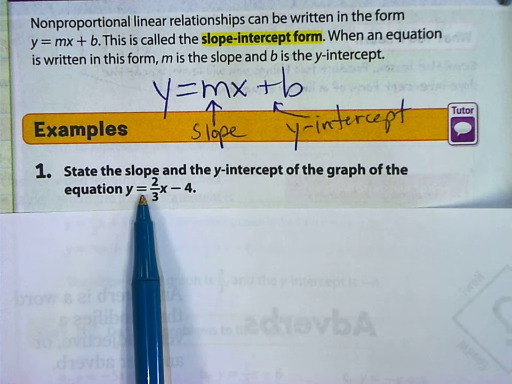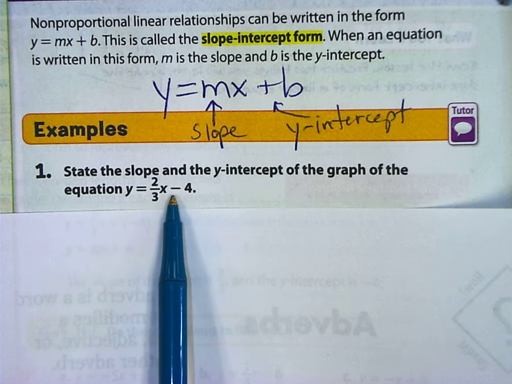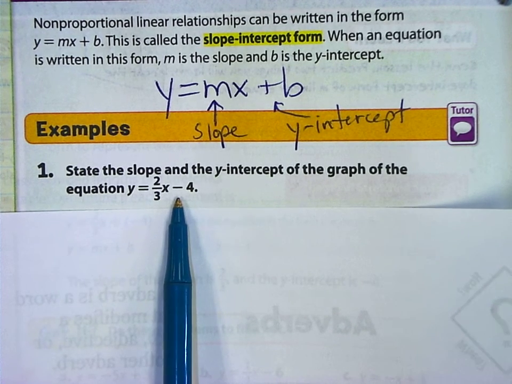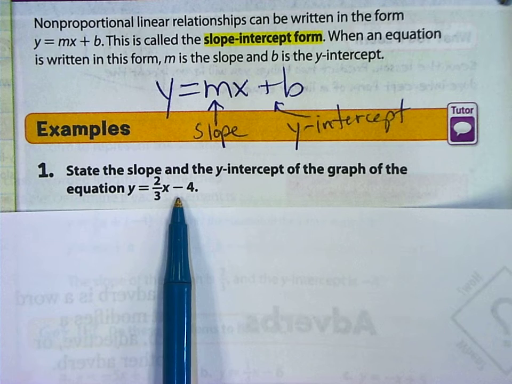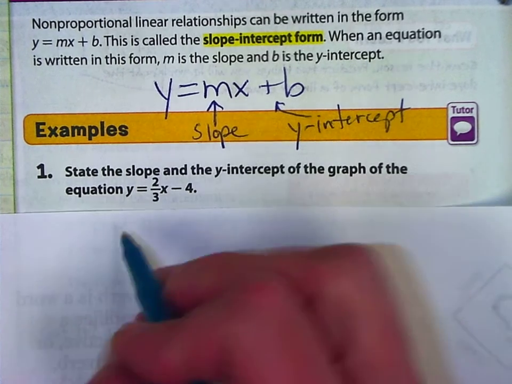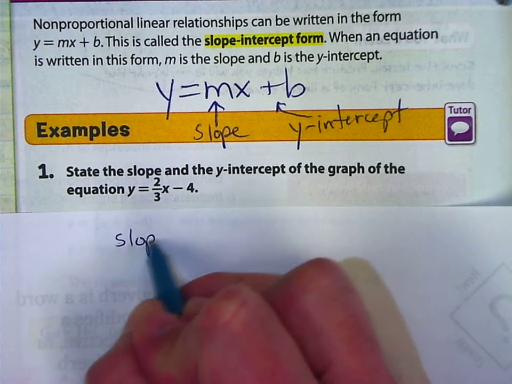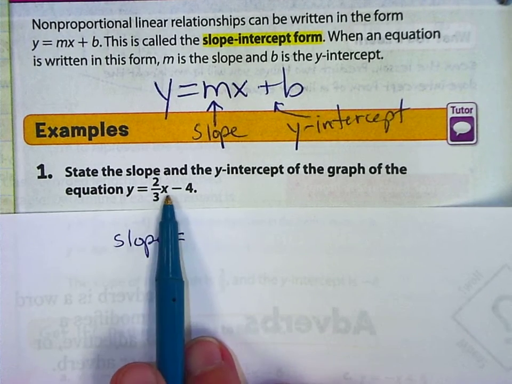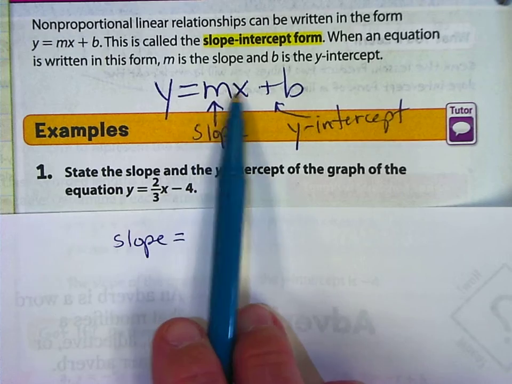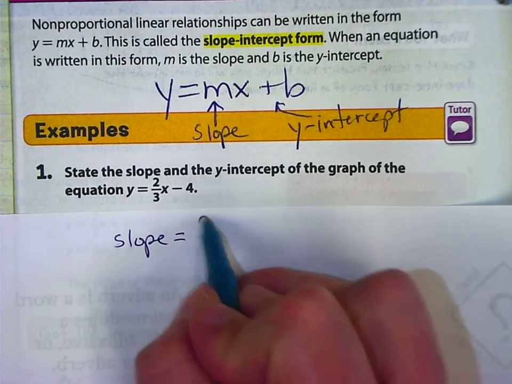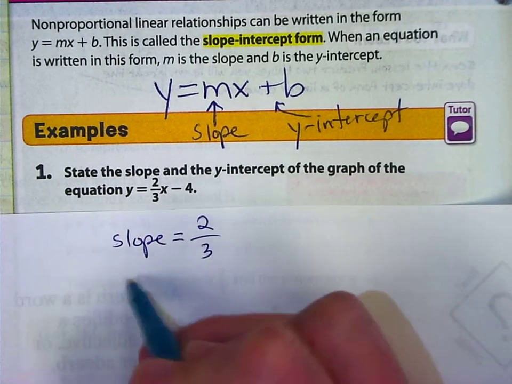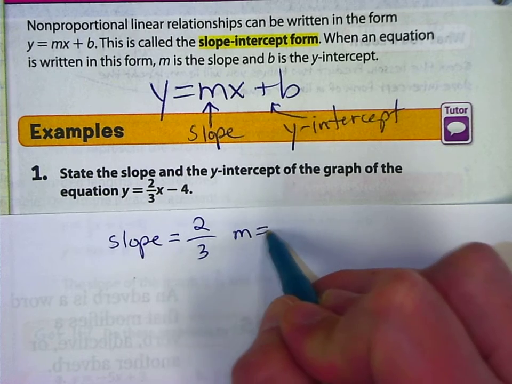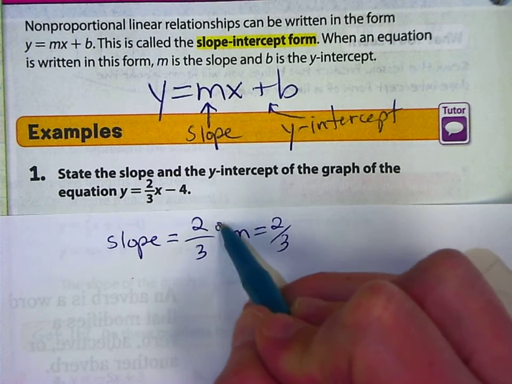So y equals mx plus b. Remember, your b can be a positive or a negative number. So this is in slope-intercept form, so I can say the slope is this number right here next to your x. See, the slope is next to your x. So slope is 2/3, or I can say m is 2/3.